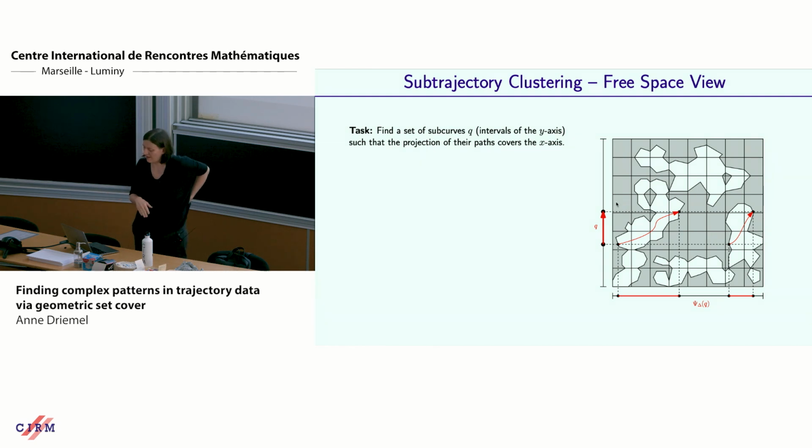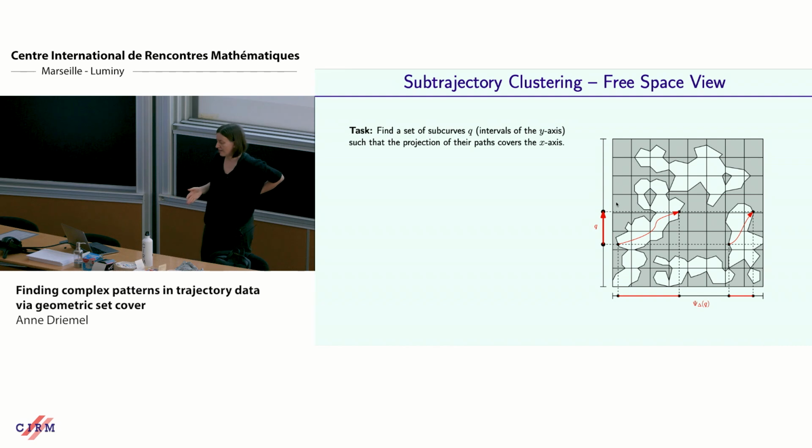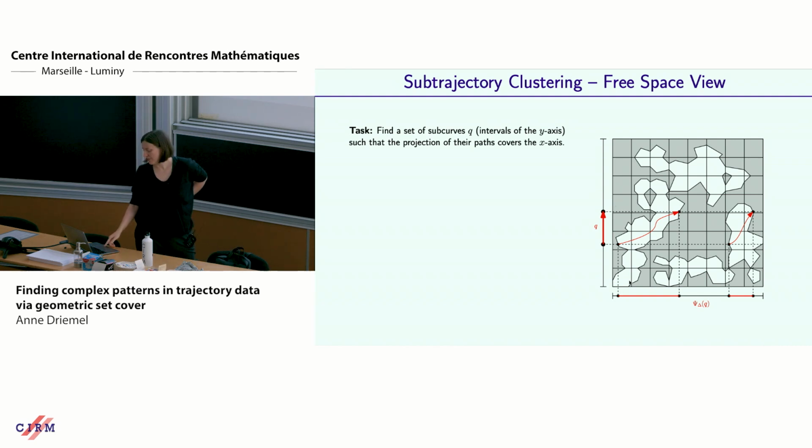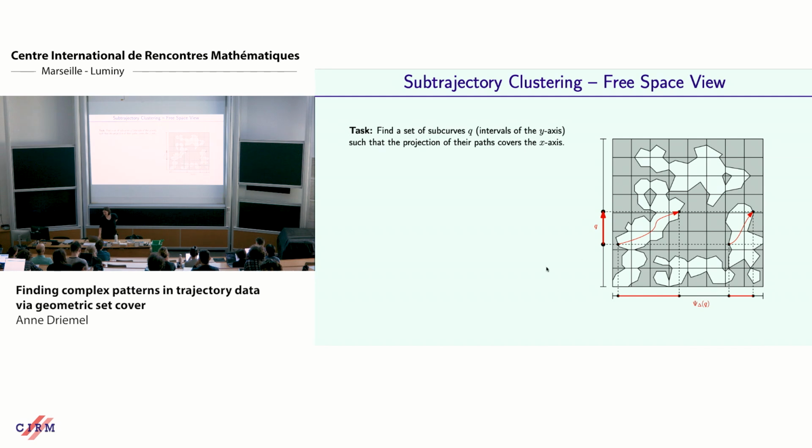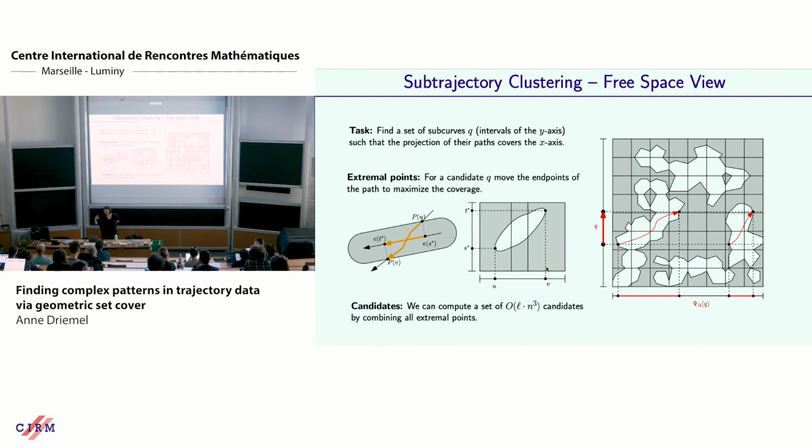As I said, our inputs are piecewise linear, so polygonal curves, and in that case the free space has the nice property of being convex in each cell, and we can look at extremal points within each cell. Here's an example of what this could look like, but there's a case analysis; there are a couple of other extremal points we have to look at.